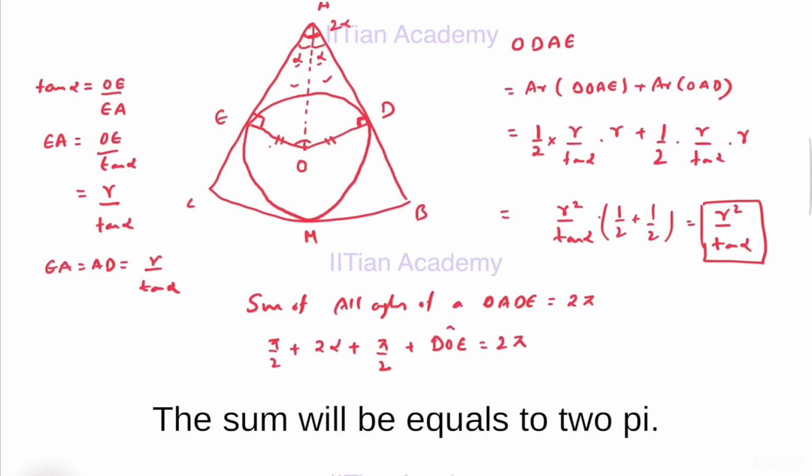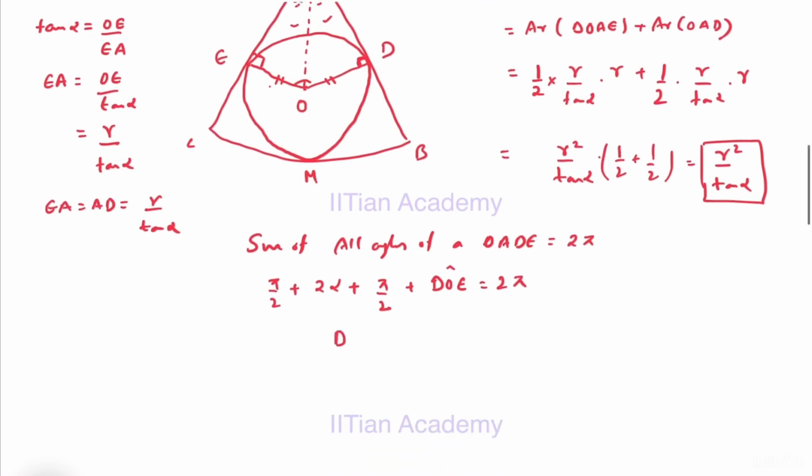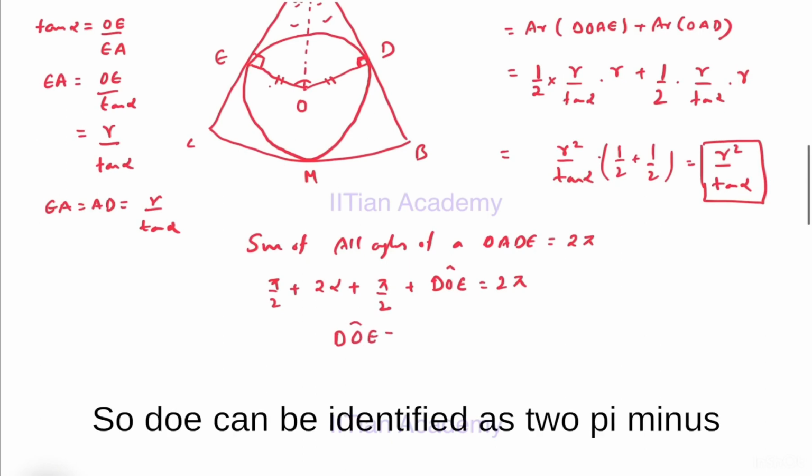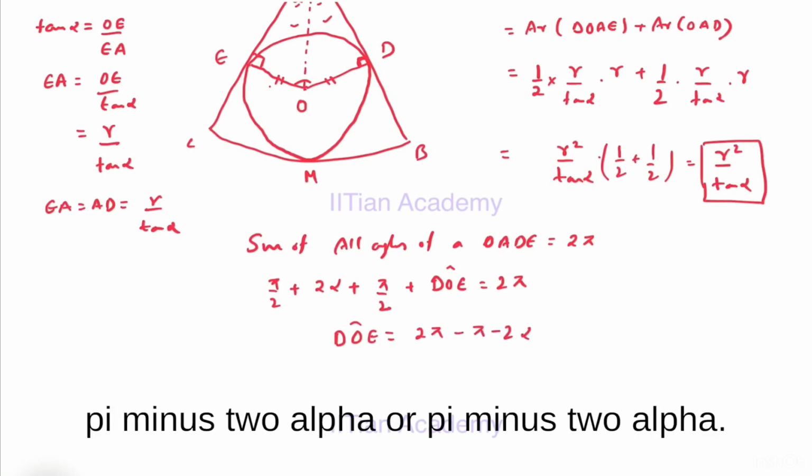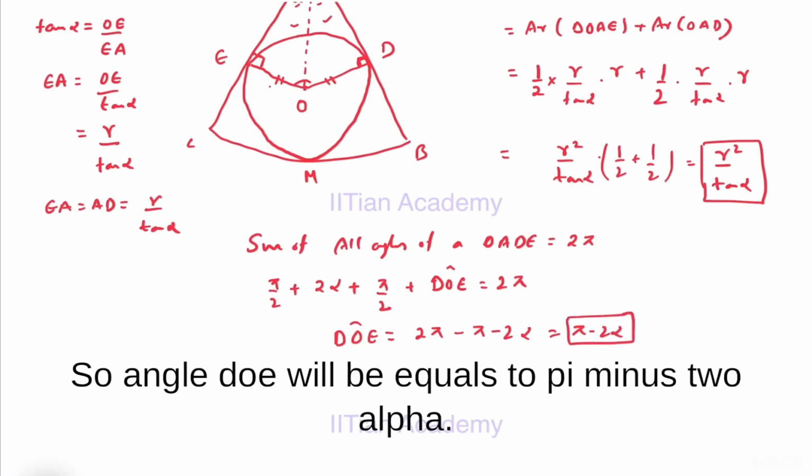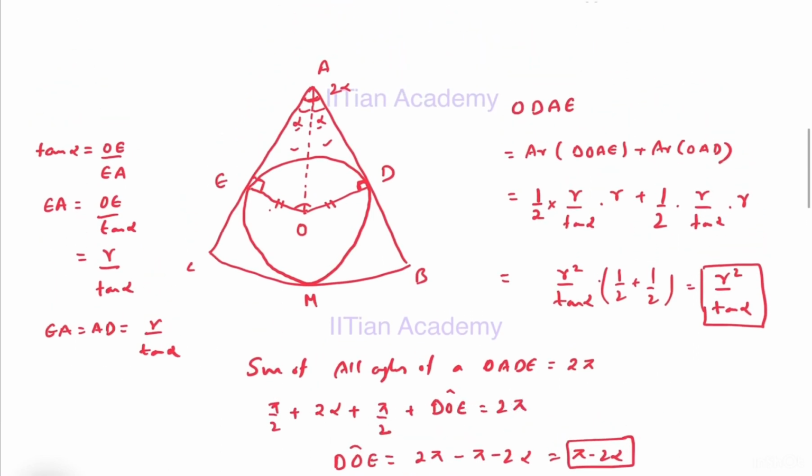The sum will be equal to 2 pi. So DOE can be identified as 2 pi minus 2 alpha, or pi minus 2 alpha. So angle DOE will be equal to pi minus 2 alpha.